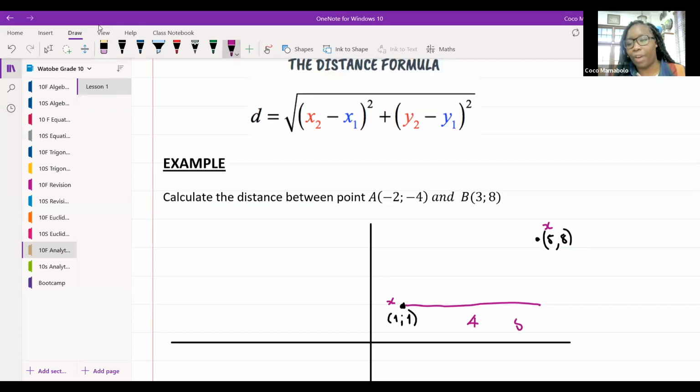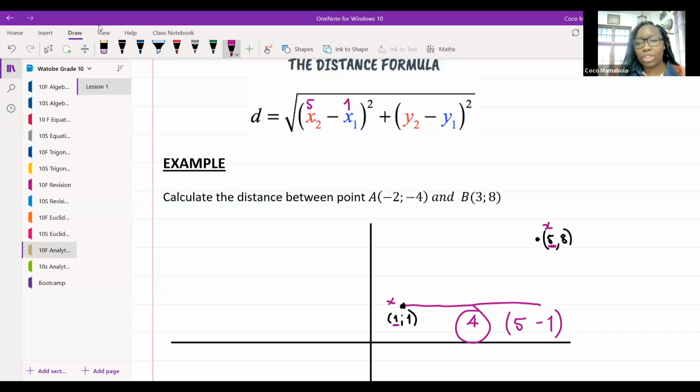I can still go 5 minus 1. 5 minus 1 is going to give me 4 units, right? Because I took the x over here and I minus the 1. So this is what the formula is actually doing. It's saying if this x value is 5, I'm going to minus this other x value over here, which is 1. And that's going to give me the 4 units that I want. But because of Pythagoras, I need to square it.